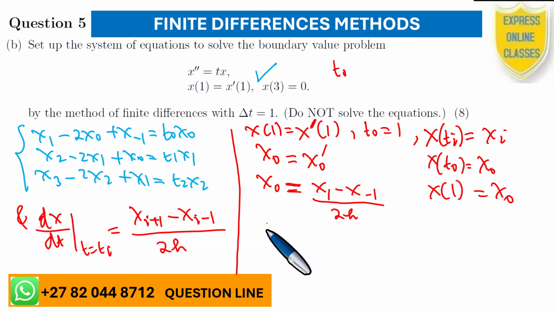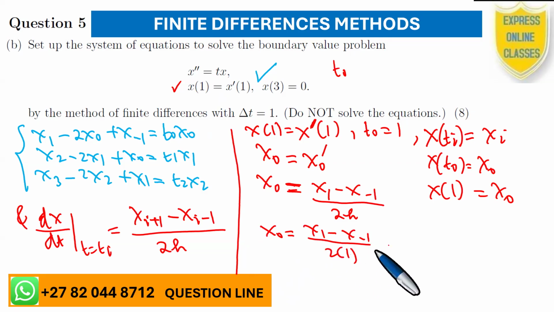So that, according to this constraint, and therefore this is x0, x1 minus x i minus 1, then you have 2 by 1, which is delta t equals 1.